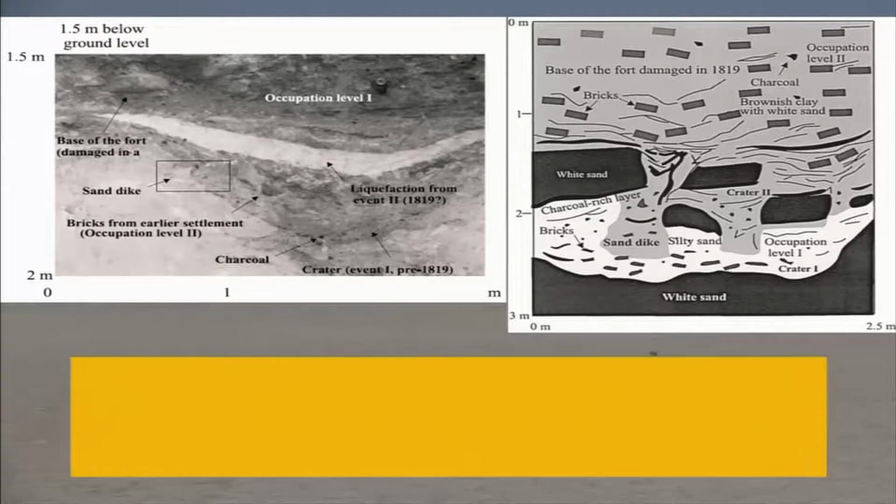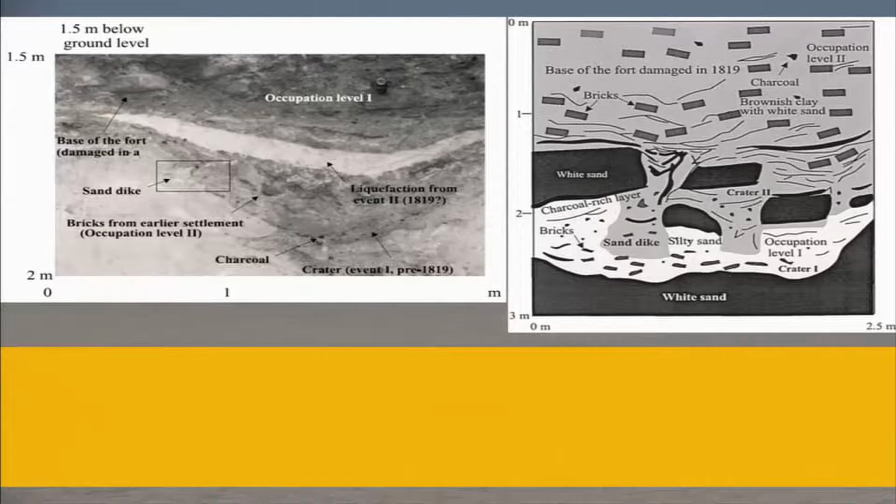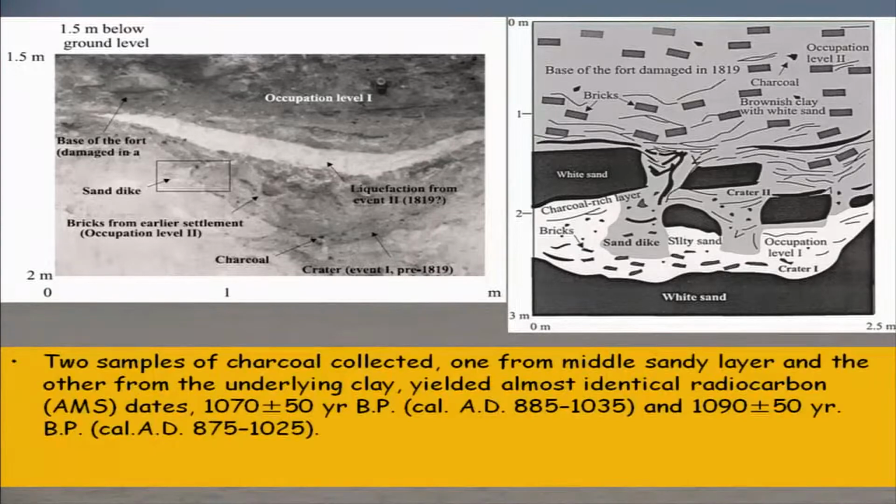Based on the dating of the charcoal, they suggested two events, around 885 to 1035 AD. Two samples of charcoal were collected, one from the middle sandy layer and another from the underlying clay.